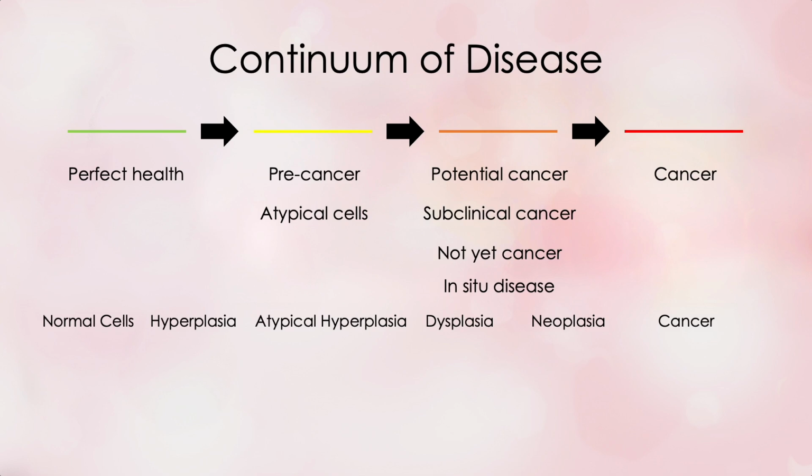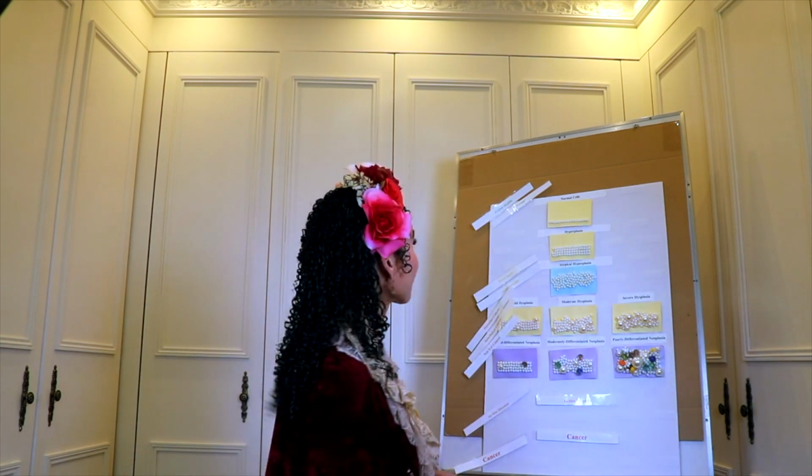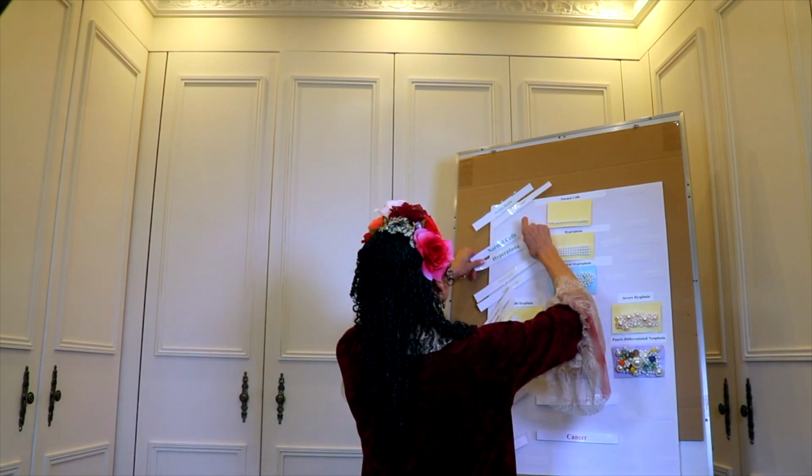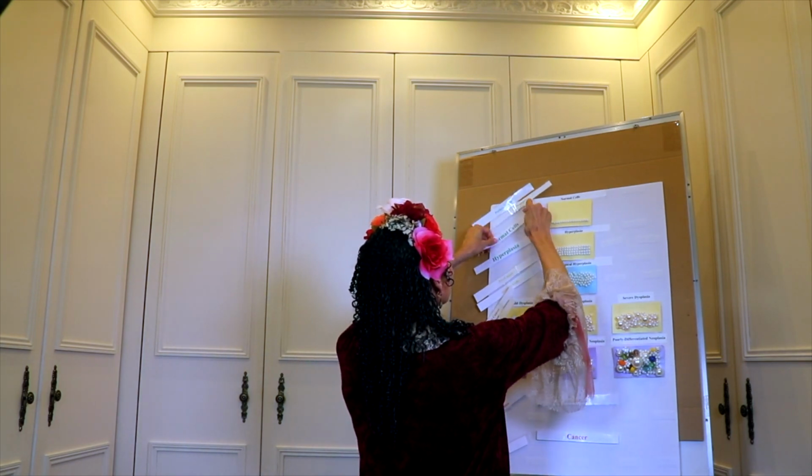Now you see that I've added the terms normal cells, hyperplasia, atypical hyperplasia, dysplasia, neoplasia, and cancer in their appropriate locations on the continuum. So now the green zone corresponds with normal cells and hyperplasia. And the yellow zone corresponds with atypical hyperplasia.